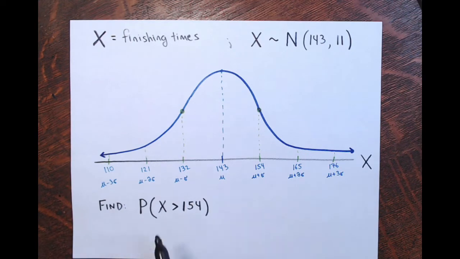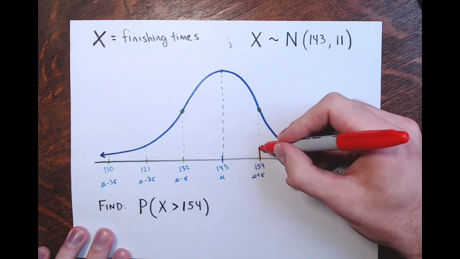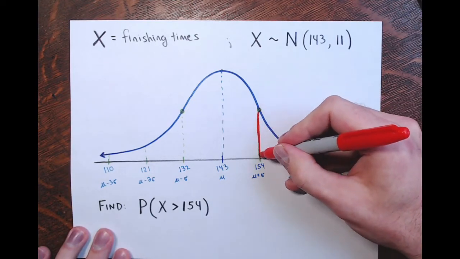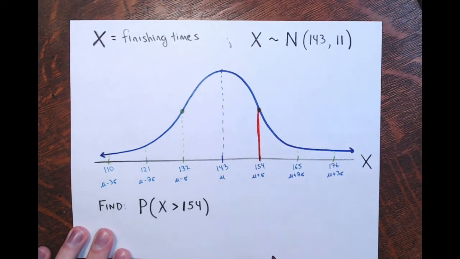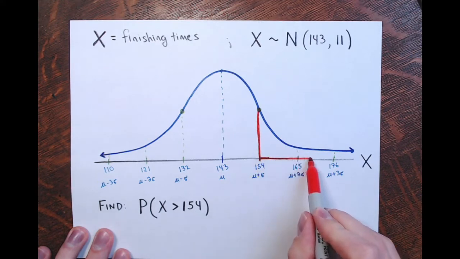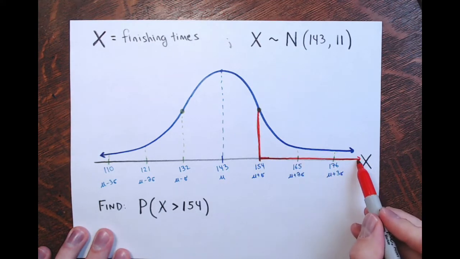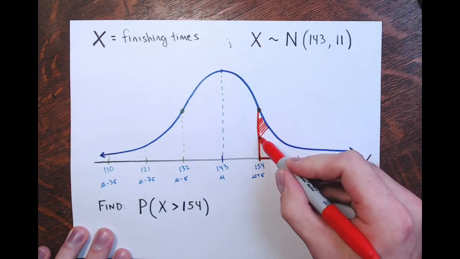Find the probability that a finishing time is greater than 154 minutes. I'm going to highlight that with an area. Remember, probability corresponds to an area under the curve. So 154 minutes is here on the number line, and that corresponds to this point on the curve. Greater than 154 minutes is this way, forever. So we're talking about this area.